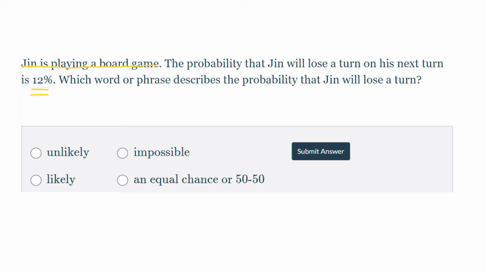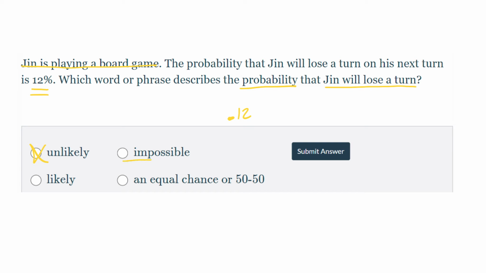Which word or phrase describes the probability that Jen will lose a turn? Well, 12% is very close to 0, and as a decimal, it's 0.12, so it is very unlikely that Jen will lose on his next turn.